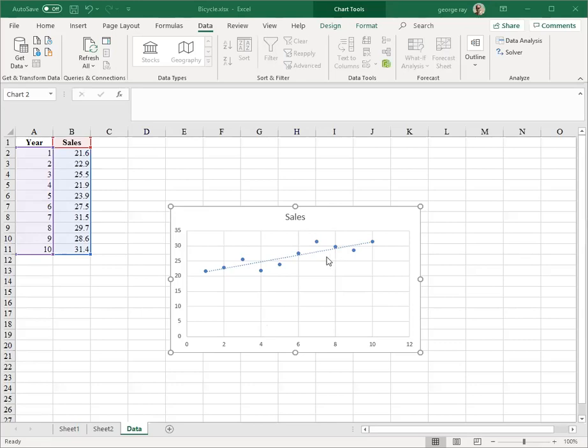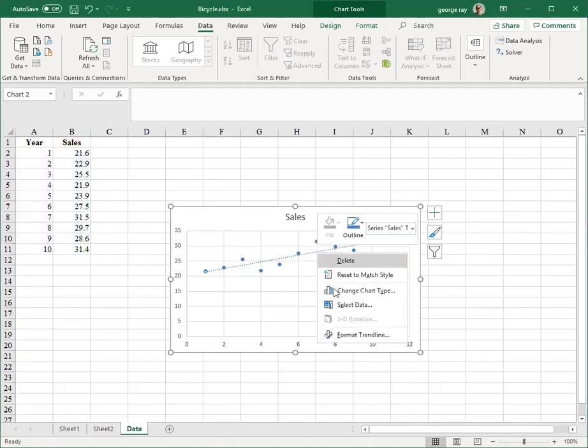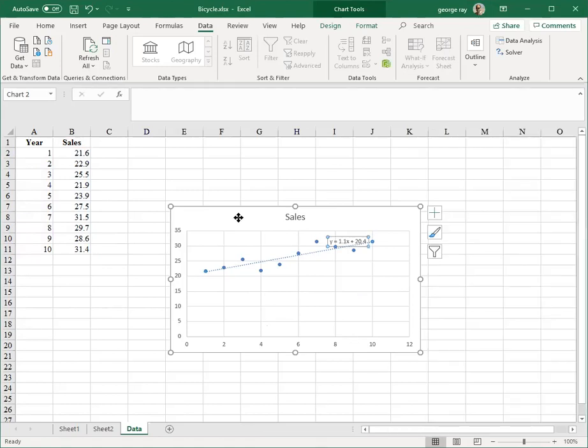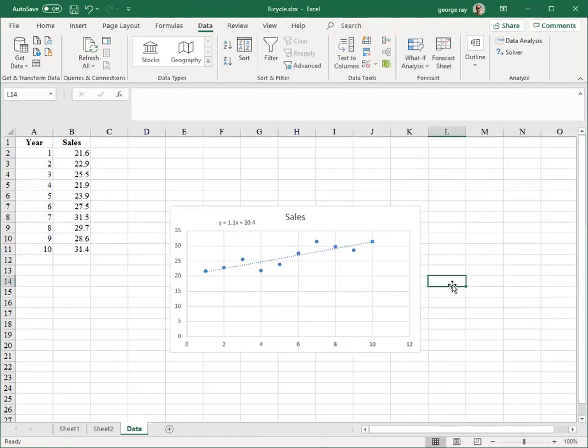And so we can actually come back to our graph and put the equation on there. It's, of course, another way of doing the regression, and we get the same equation. And we could estimate the sales for year 11 by just substituting 11 in for X, and you get whatever the value would happen to be.